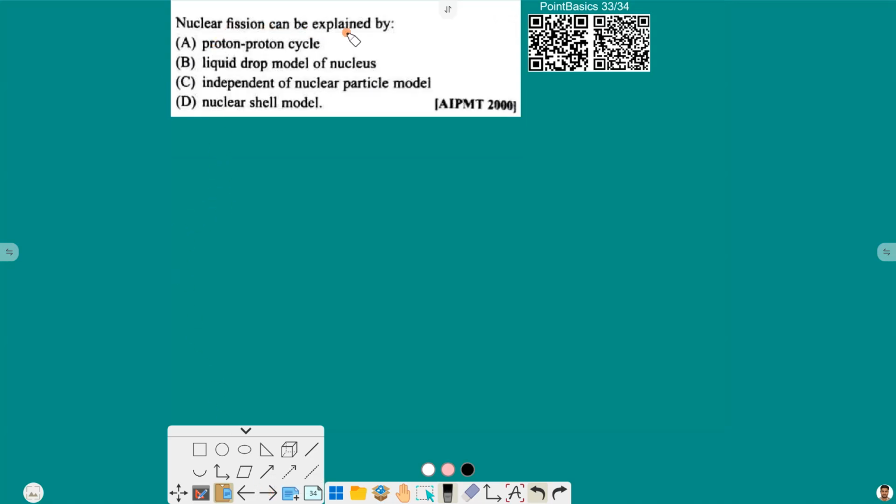Now, nuclear fission can be explained by the proton-proton cycle, liquid drop model, independent nuclear particle model, and nuclear shell model. The easiest explanation comes from the liquid drop model, and how it explains is this. Suppose this is a nucleus represented by a drop. Then due to some unknown variables, the shape of this liquid drop changes to a dumbbell shape.